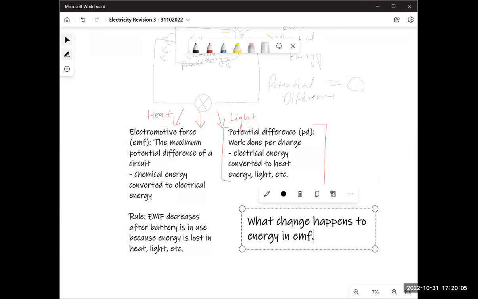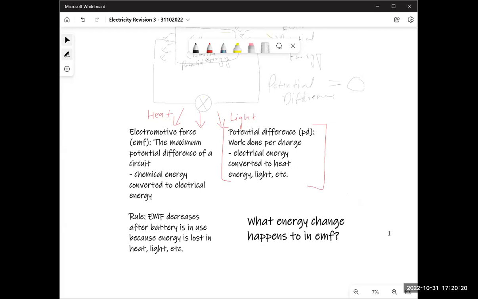Answer in the chat. Let's just say what energy change happens in EMF. From chemical to electrical.